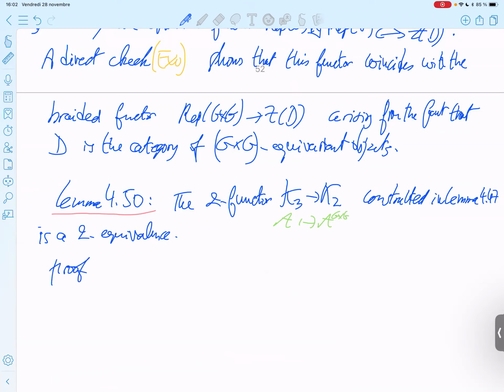So, proof. For the proof, we explicitly make the inverse.